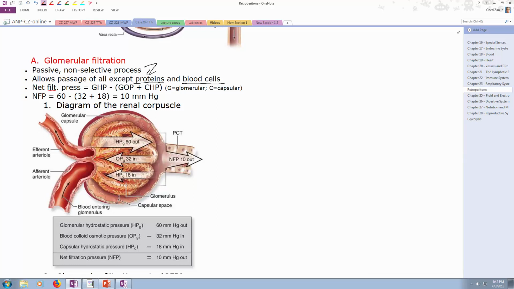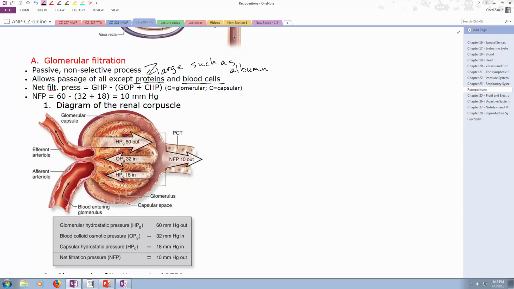Proteins, these are typically the larger type proteins, such as albumin. Whenever they test urine for protein, they're typically testing it for albumin. And that shouldn't be in your urine.